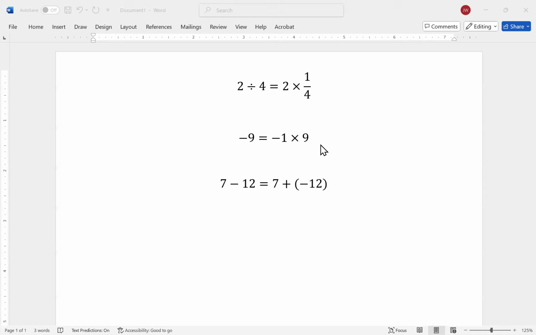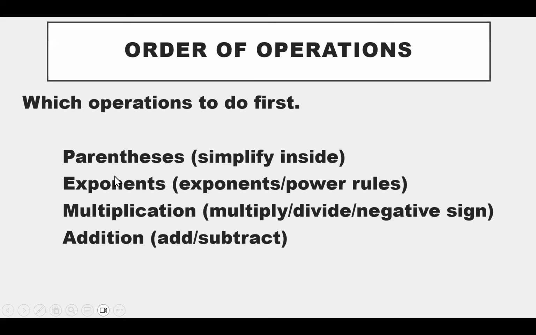So that application of the negative sign is also in the multiplication realm as well. That's why I like to think of the order of operations as four categories. First, we pay attention to the parentheses, next to the exponents, then to the multiplication, and then to the addition.